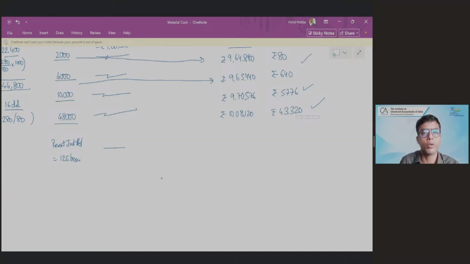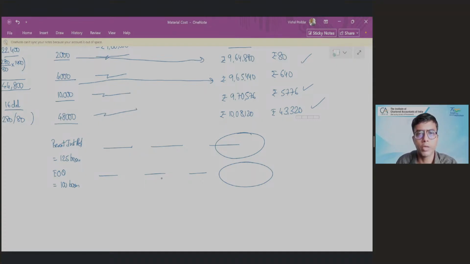Find out annual purchase, annual ordering, annual carrying, and then total. And then the second is the total cost for EOQ, which we just calculated as 100 boxes: annual purchase, ordering, carrying, and total. And then they are asking how much cost would be saved. So it will be this minus this. That is the cost that you will save by using EOQ.